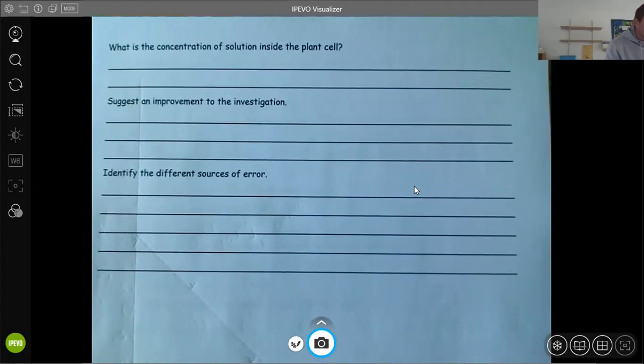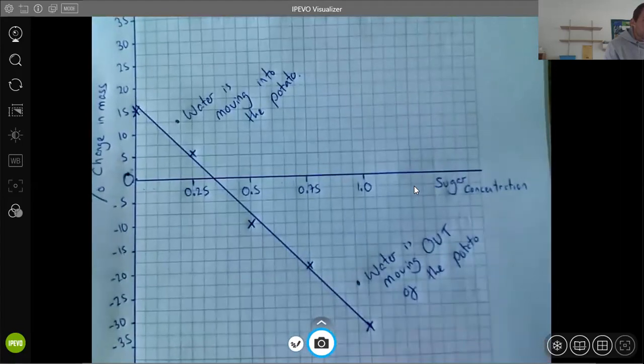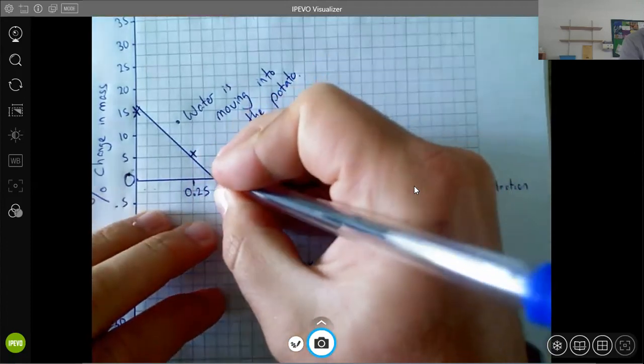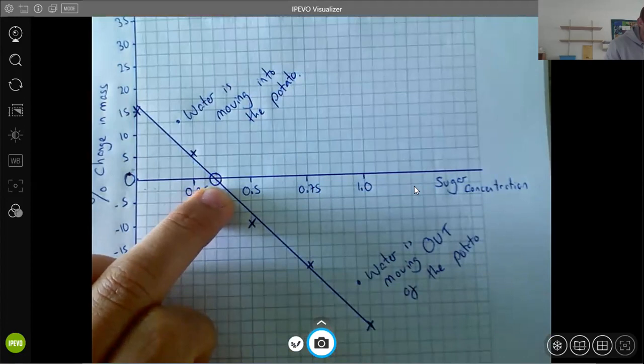This is really important. If we go back to our graph, there's a point in this graph which tells us the answer, and it's right here. Now at this point, the potato has not changed mass. It's stayed the same, and that tells us the concentrations are equal.